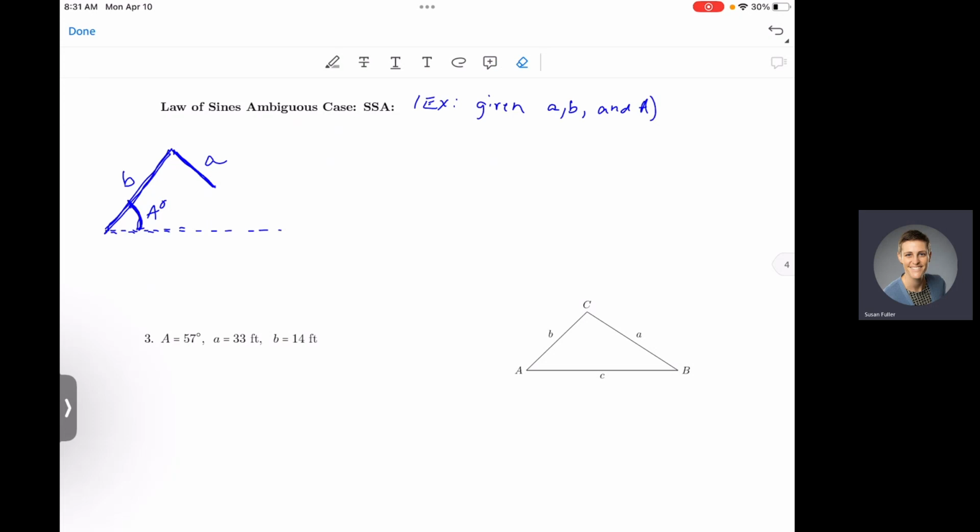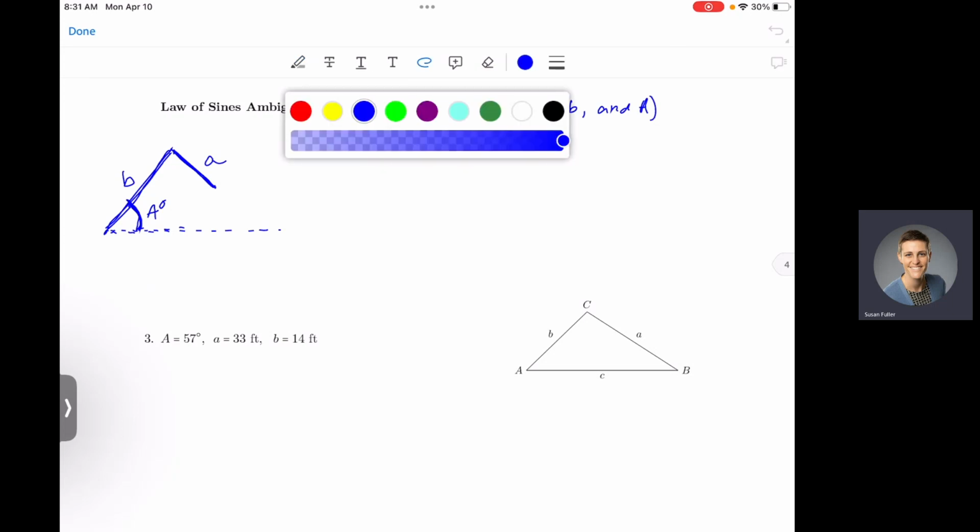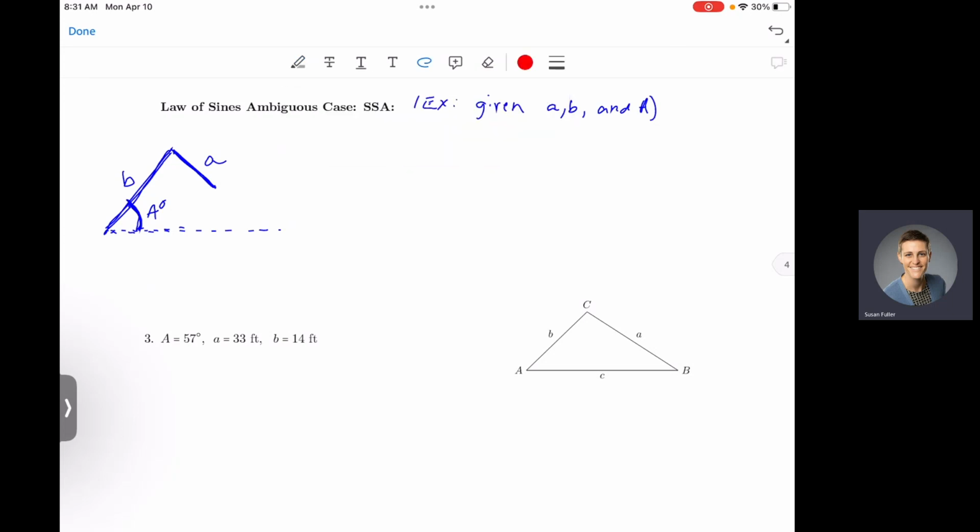Now, if this is what our triangle looks like, in order to find a solution, I'm basically going to use this side A length and swing this around and change angle C here to figure out what angle C would make this into a triangle.